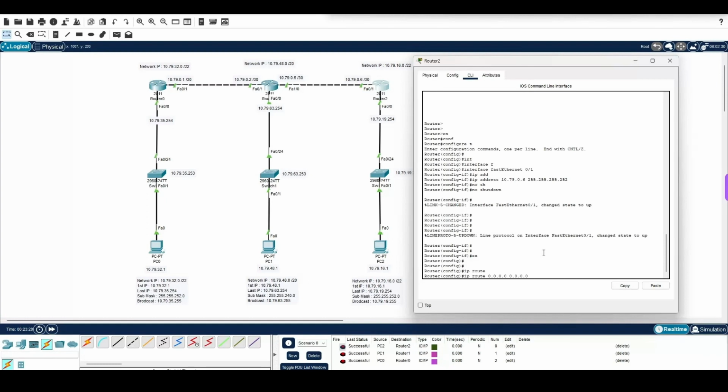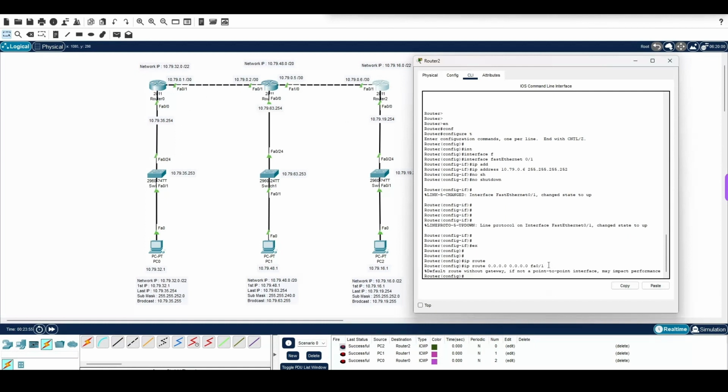That's called a default route. 0.0.0.0 for the IP address part and 0.0.0.0 for the subnet mask part. That basically tells this router, if you want to reach any other network outside, just send your traffic through this interface.